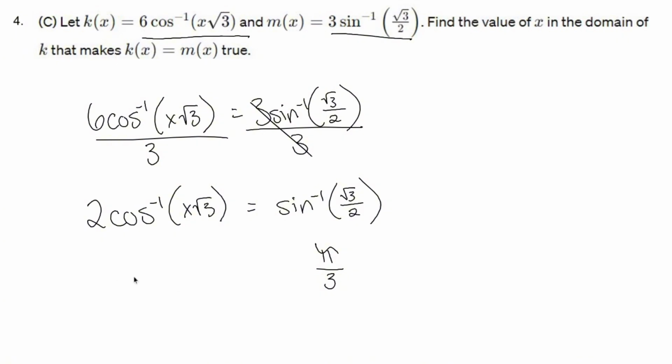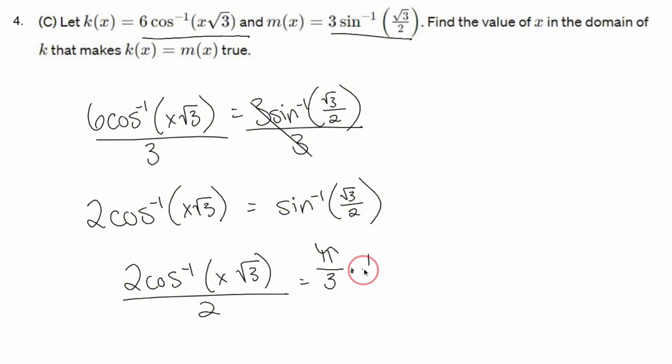So I now have 2 inverse cosine of x root 3 equals pi over 3. I can divide both sides by 2, which kind of seems counterproductive. By the way, that's the same thing as multiplying by a half. So again, kind of seems counterproductive to what I did before.